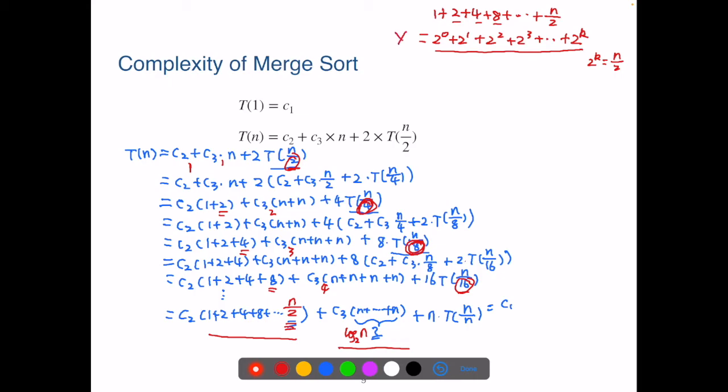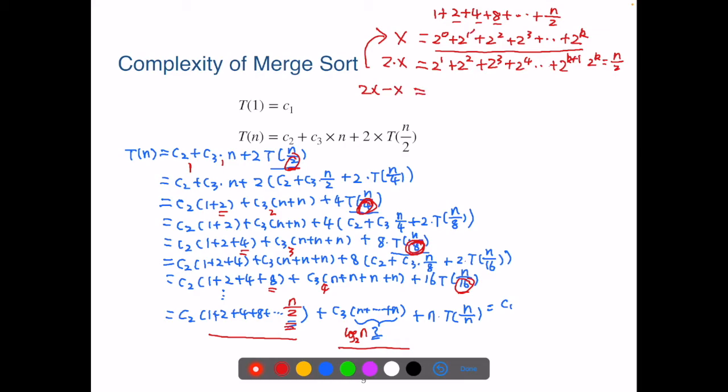Let's say this is x. So what is 2 times x? That'll give us 2 to the power of 1, 2 to the power of 2, 2 to the power of 3, 4, and then the last term would be 2 to the power of k plus 1. All right, and what happens if we subtract these two? 2x minus x.